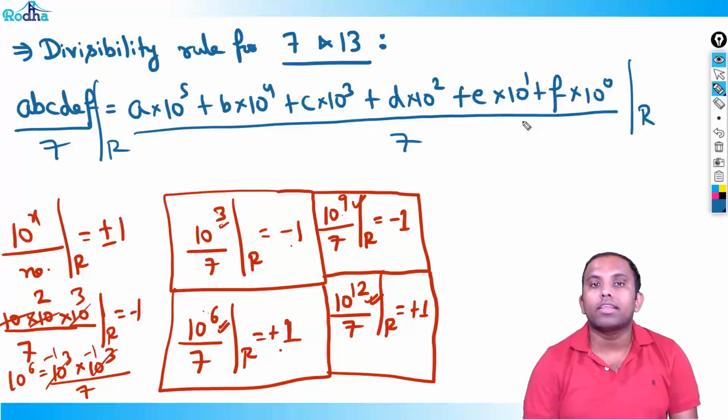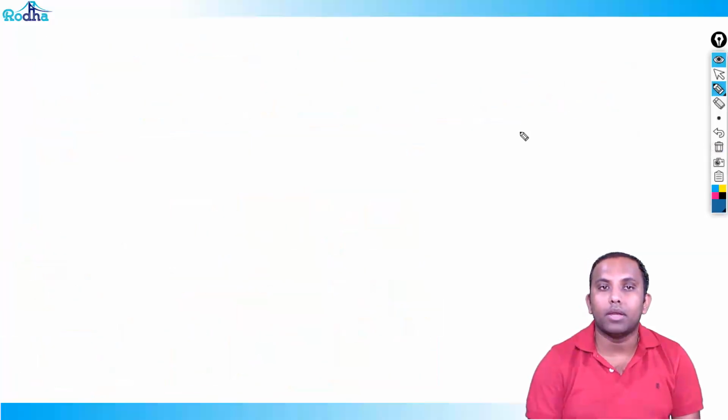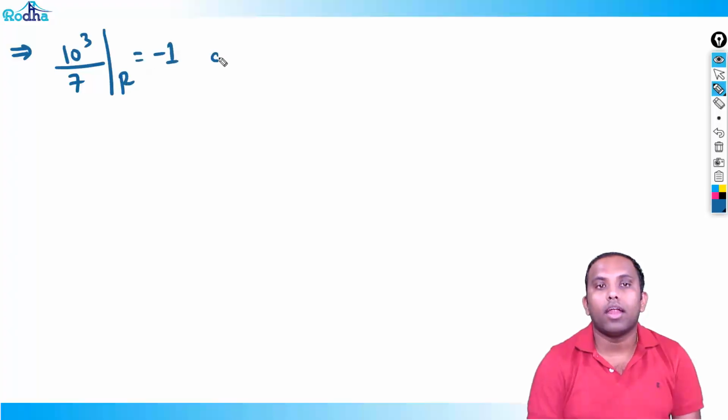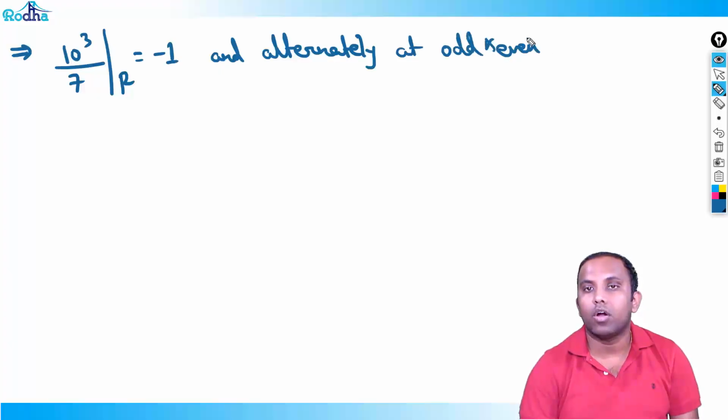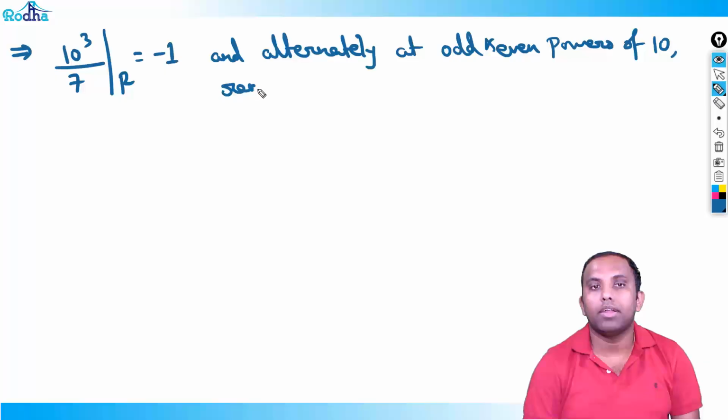You will take 10 cube as common. So let me write here that 10 cube by 7 remainder is minus 1, and alternately at odd and even powers of 10, the remainder will be minus 1 and plus 1 respectively. That's what we discussed in the previous slide.